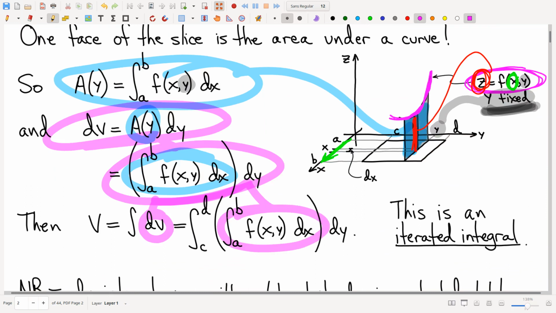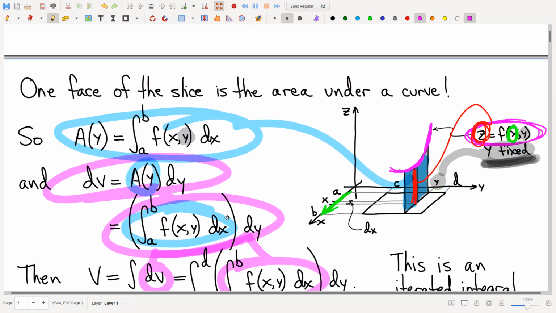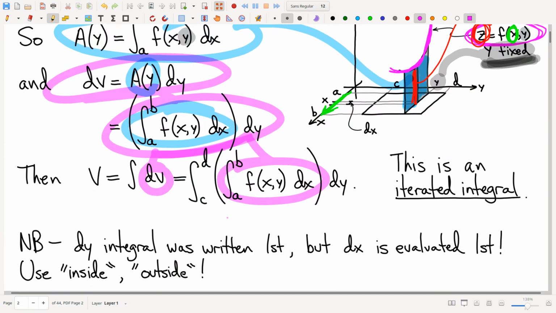Area times thickness. What were we going to do with these little pieces of volume? Well, we were going to add them up. We're adding up all the little volume slices, and each volume slice is an area times dy, which is an integral times dy, and here it is, integral times dy. Everybody cool?